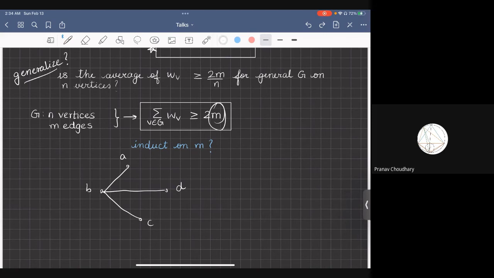Not necessarily, because I could have had something like this, which is 1, but then these are 4 and this is 3, right? So BD is the new edge added. So 1 is the minimum, but we only add 1 to D.